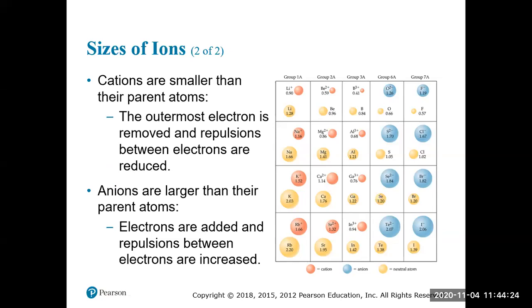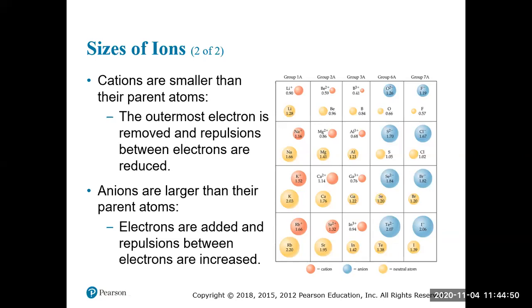So this is kind of a repeat of what I just said: cations are smaller than their parent atoms. You've removed some outer electrons, some valence electrons, and that reduces the electron repulsion. And anions are typically larger than their parent atoms because you've added some valence electrons.